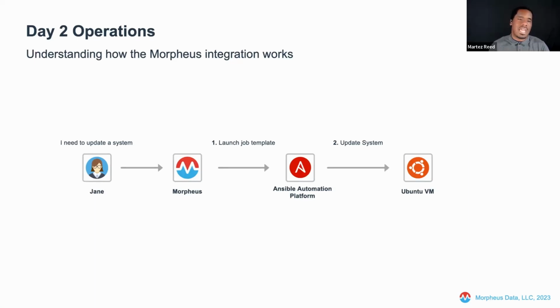And then we looked at how we can bring all that together to stand up a workload in an end-to-end automated fashion, leveraging Morpheus' abilities to tie into things like hypervisors and public clouds, and then trigger the execution in an orchestrated fashion of an Ansible Tower or Ansible Automation Platform job template to fully configure that system. And then also took a look at ways in which we could utilize it for day 2 operations for existing systems that have already been provisioned.